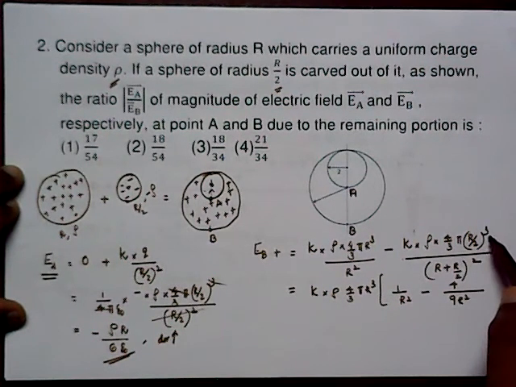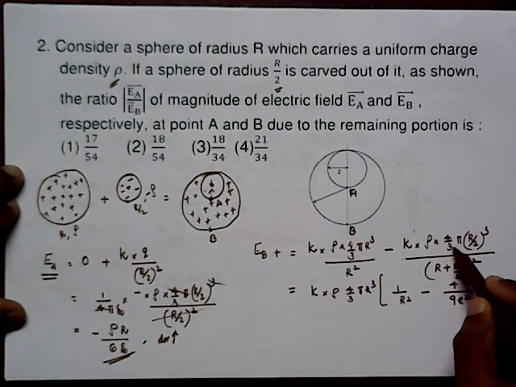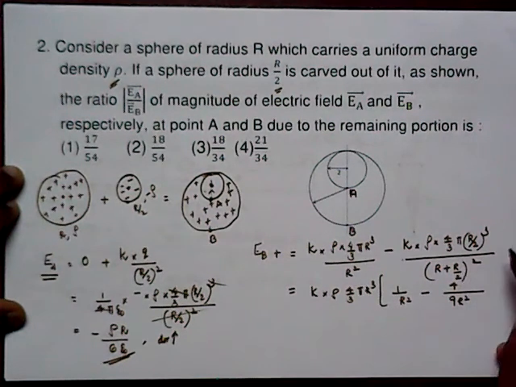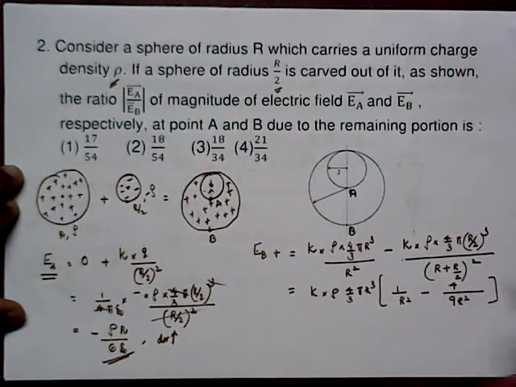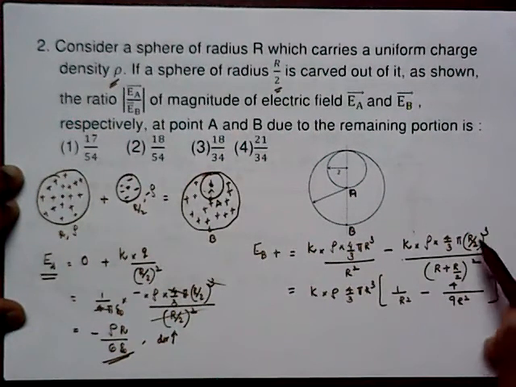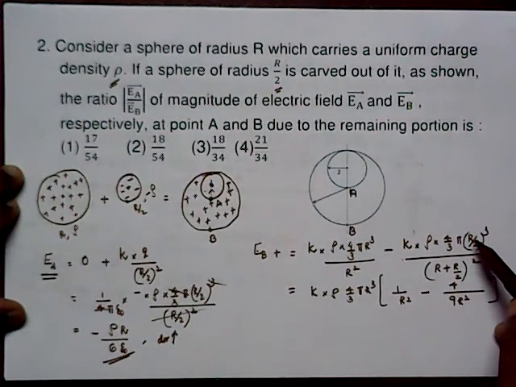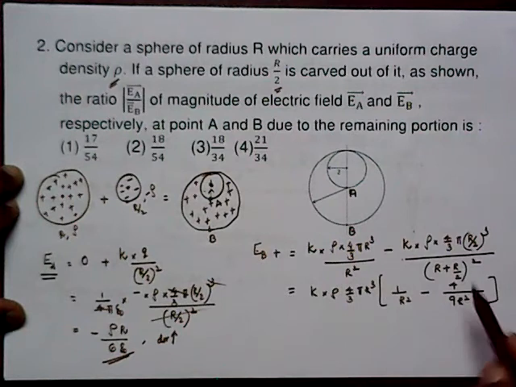Then 2 cube becomes 8 into 3. So we take 4 by 3 pi r cube outside.